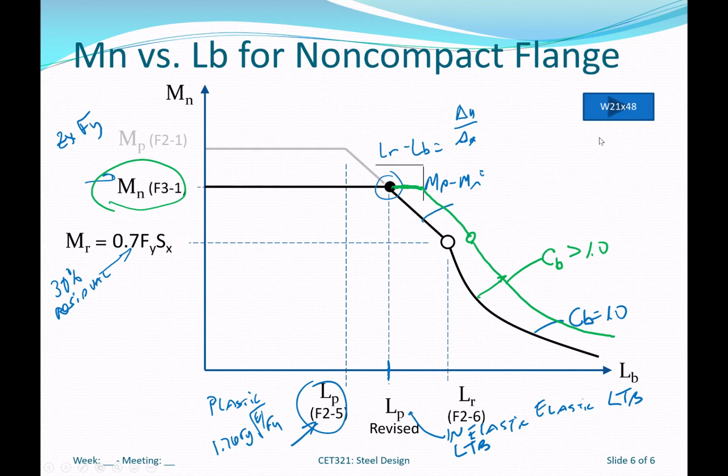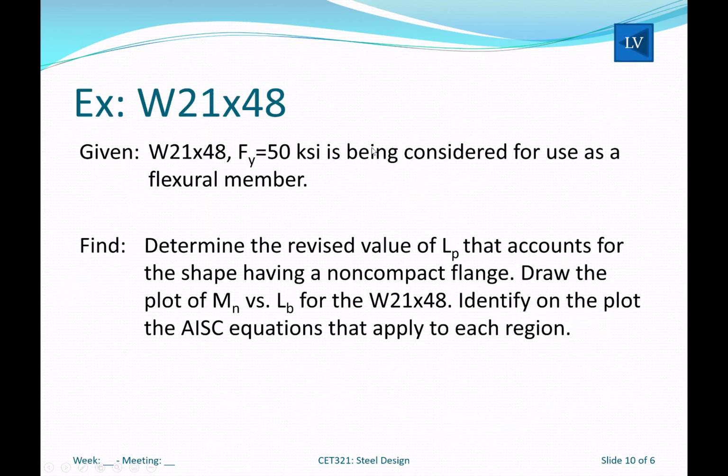Okay. So we can take this W21x48 and use that same approach, right? So we could take this W21x48 and we can just do numerically what I just described, right? Determine the revised L sub P and then modify the plot and identify which equations apply to where, okay?